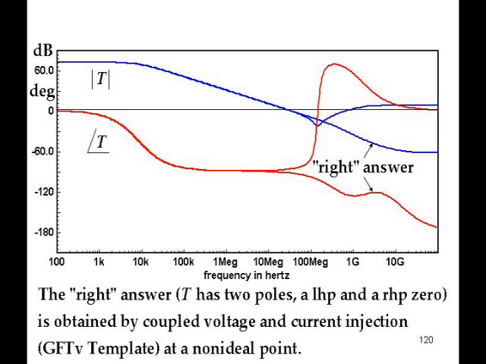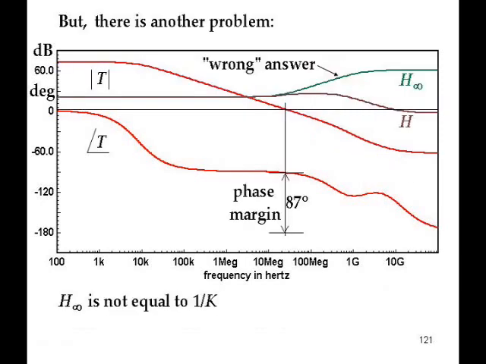But there's another problem. You don't get the right H infinity this time. Now, I guess I have to qualify my words here. When I say you don't get the right answer, what I really ought to say every time is, the answer you get is right for what you calculated, but it isn't what you wanted it to be. We wanted H infinity for this circuit to be flat, because the resistive divider network is a flat transmission.